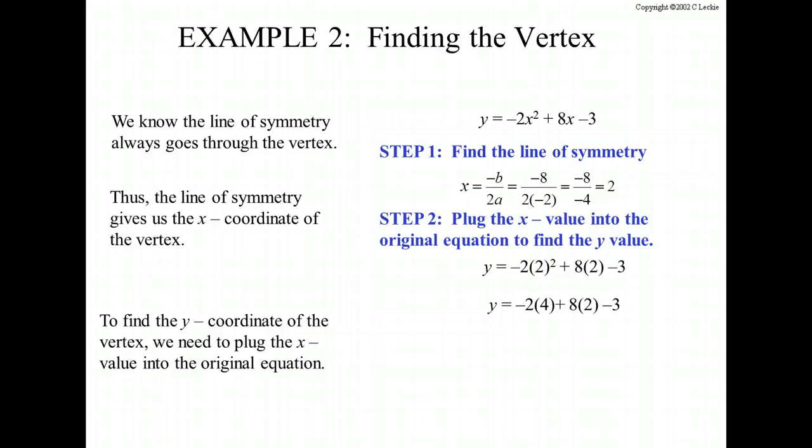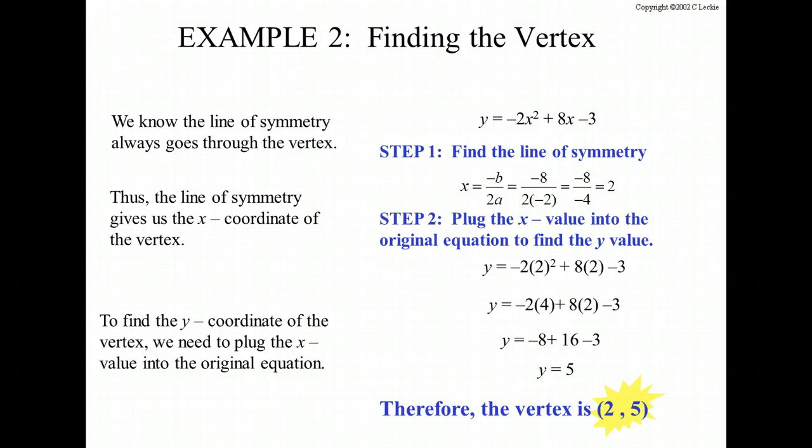We do the order of operations, so we square 2 and we multiply, and then we add and subtract, and we end up with a y value of 5. So the x value is 2, the y value is 5. Since the vertex is an ordered pair, the vertex is 2, 5.